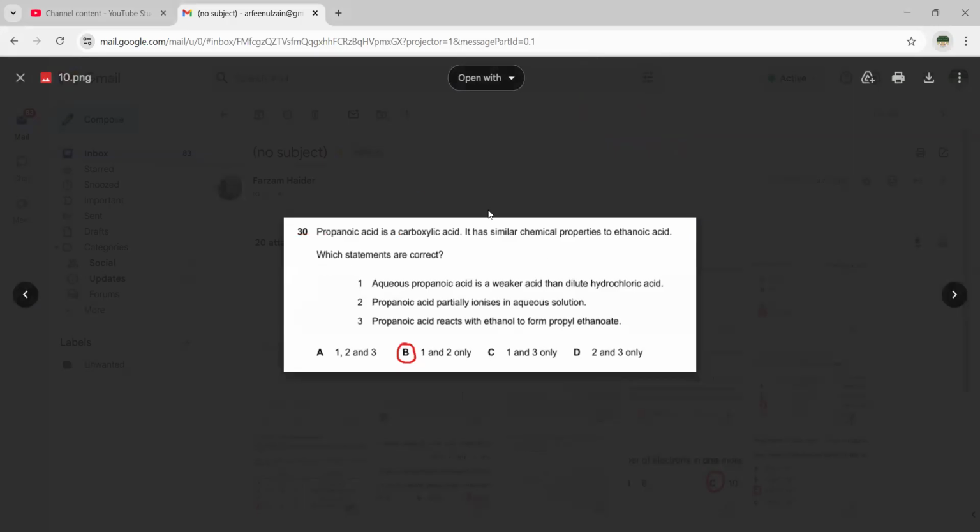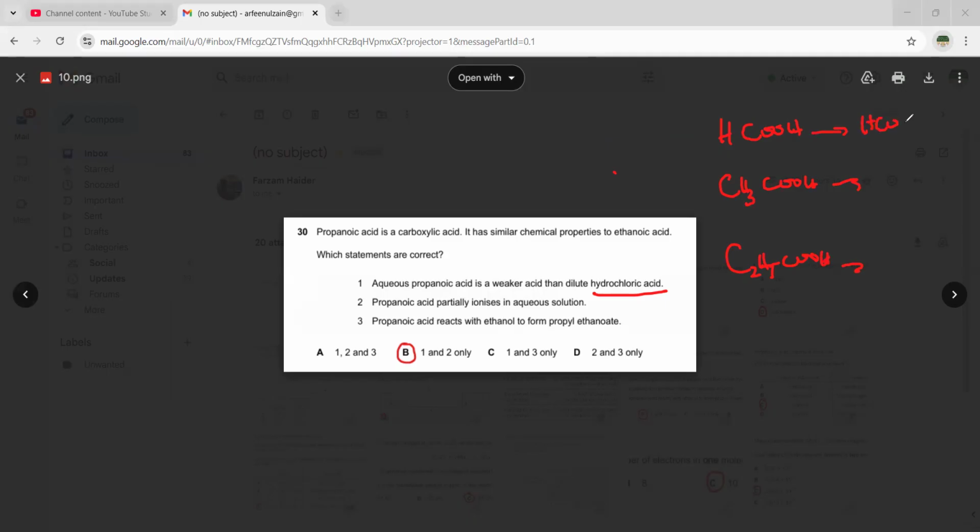The next one: propanoic acid is a carboxylic acid. It has similar chemical properties to ethanoic acid. Which statements are correct? Aqueous propanoic acid is weaker than dilute hydrochloric acid. When we check all these carboxylic acids, like methanoic acid, ethanoic acid, propanoic acid, they all have a tendency to lose a proton.